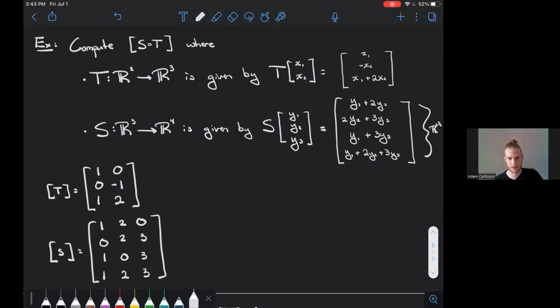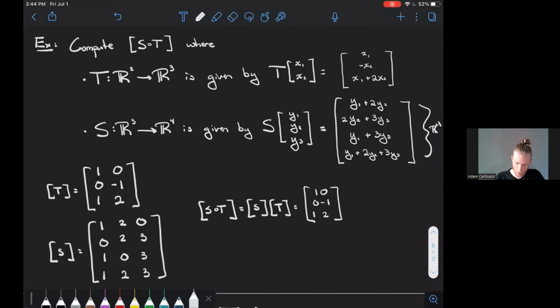Very interesting standard matrix. And now the matrix for S composed with T, remember, is just S times T. That's our formula, our theorem. Oh, that's got to be on the right. I almost got the order backwards.